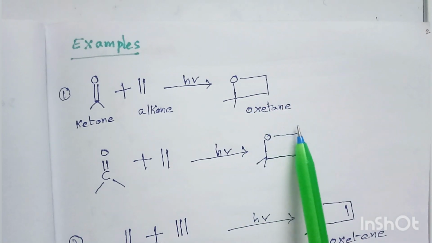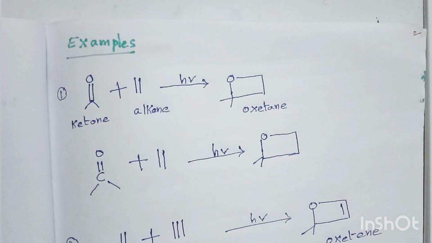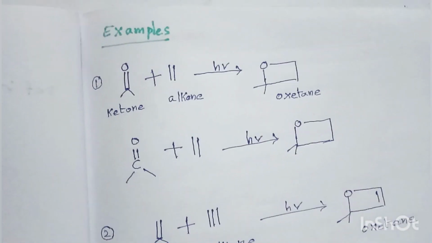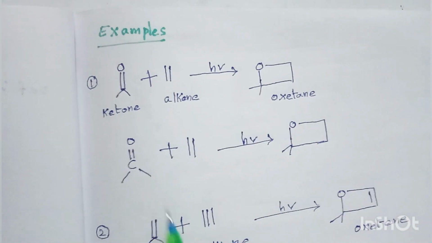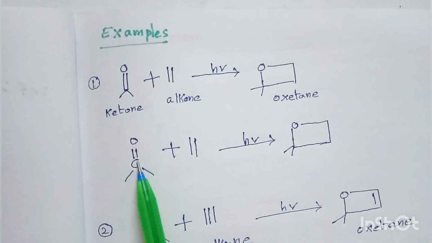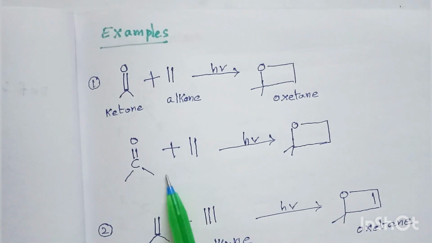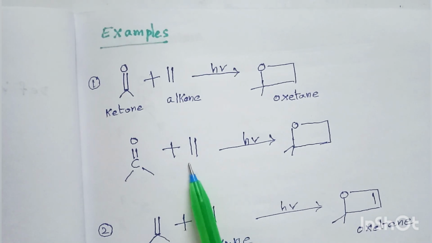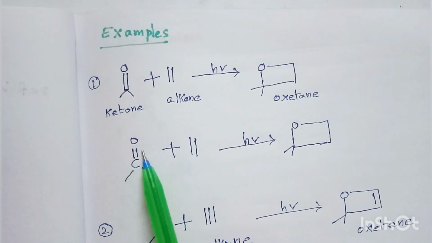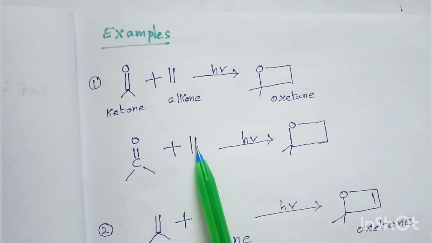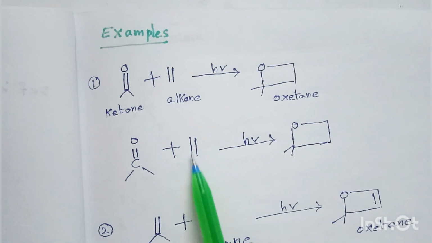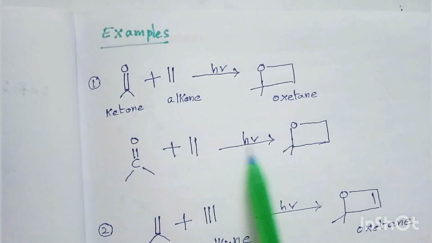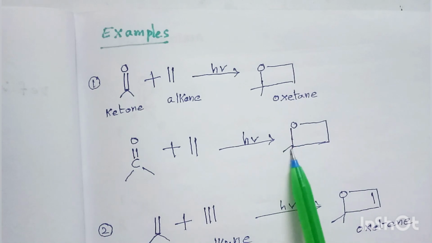This is an oxetane. This can be shown like this: C double bond O and CH3, CH3, C double bond, this is an alkene. So this is a carbonyl compound, this is an alkene with a double bond. In presence of UV light, this gives oxetane.